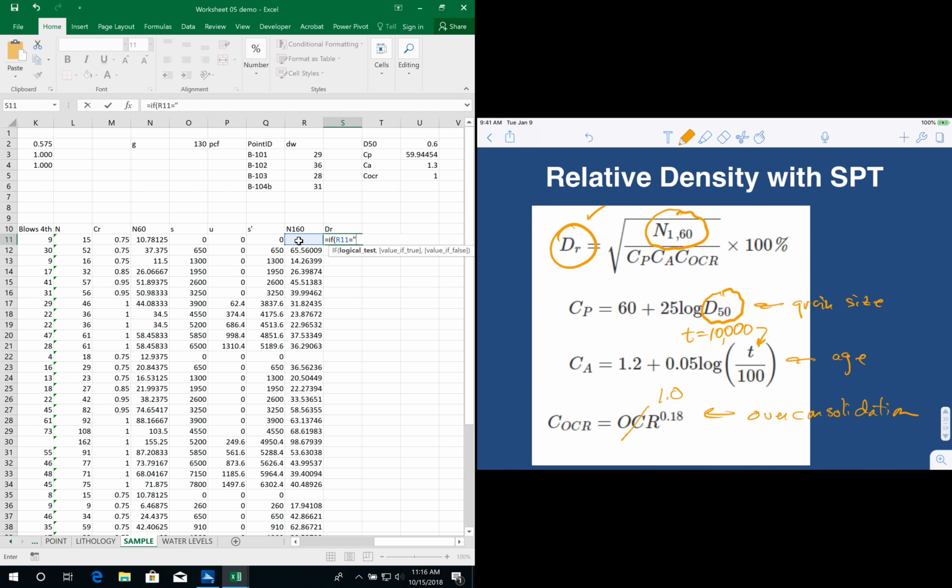And just to follow some of the same methodology as before, I will just say that this is the grain size correction, and this is going to be our age correction. This is going to be our OCR correction.